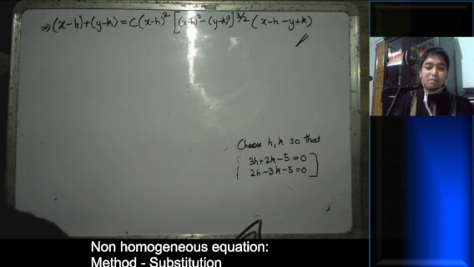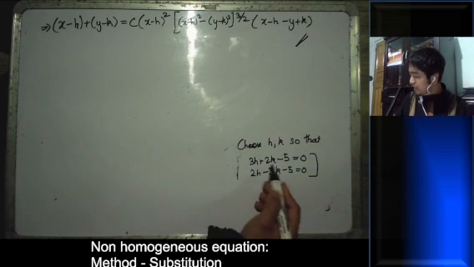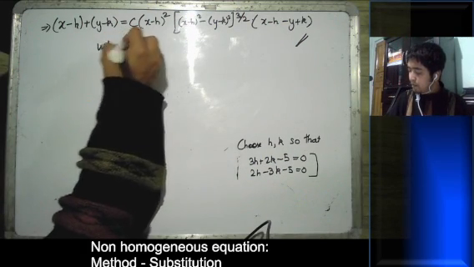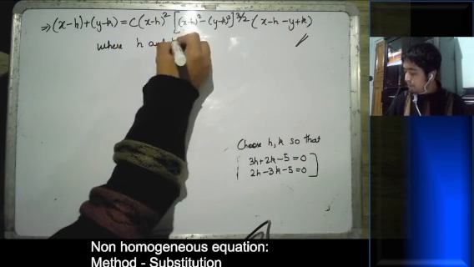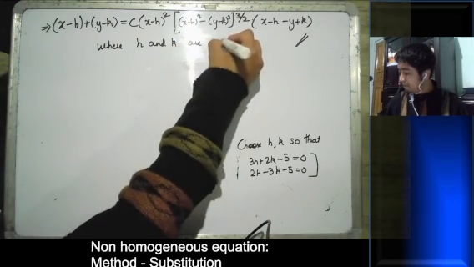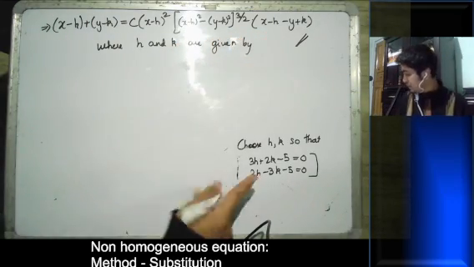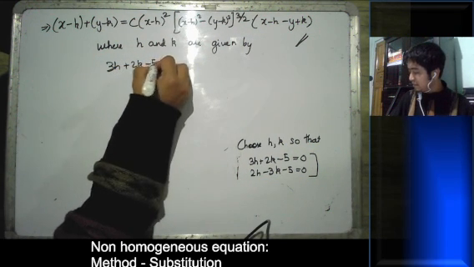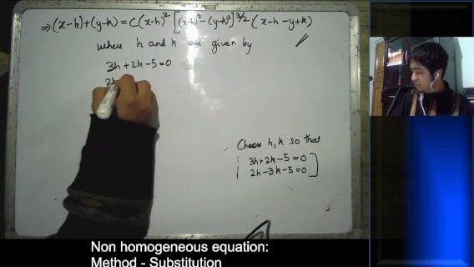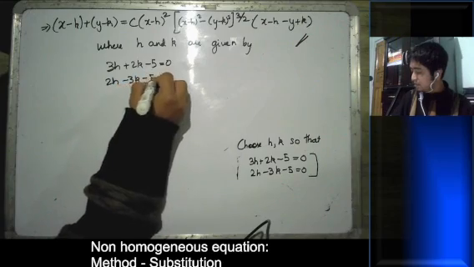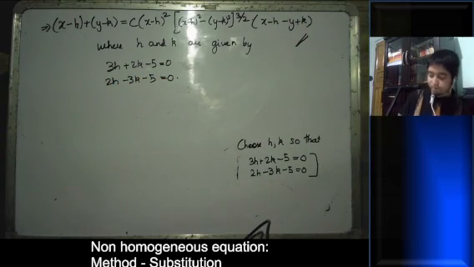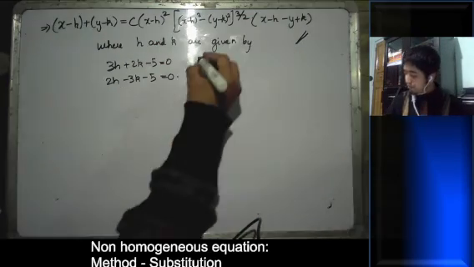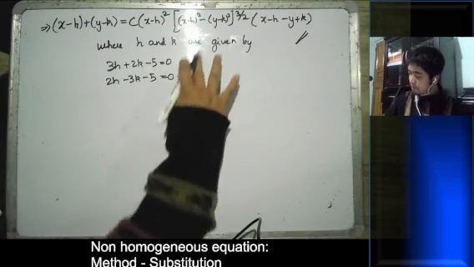If you remember, h and k are given by these two equations: 3h plus 2k minus 5 equals 0, 2h minus 3k minus 5 equals 0. If you want, you can even do further steps.